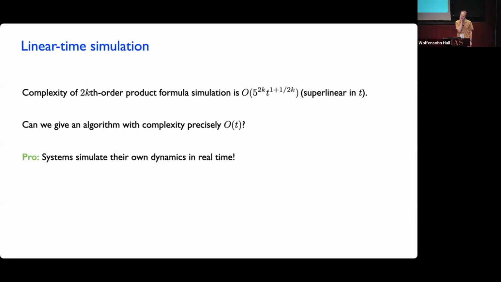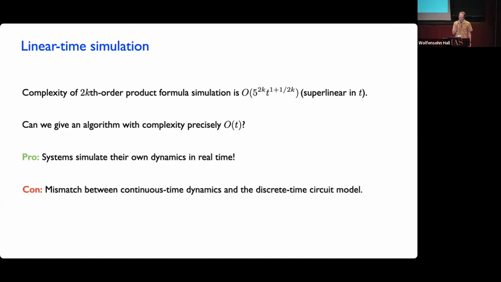And something in favor of thinking you ought to be able to do that is that the system is simulating itself in time t, right? I mean, if it's evolving for time t, it takes time t to do that. And so it seems like it ought to be possible. On the other hand, maybe this is just inherent. Maybe it's not possible, in the setting that we're considering, to really give a simulation with a number of gates that's linear in t, because there's this mismatch between the models, right?